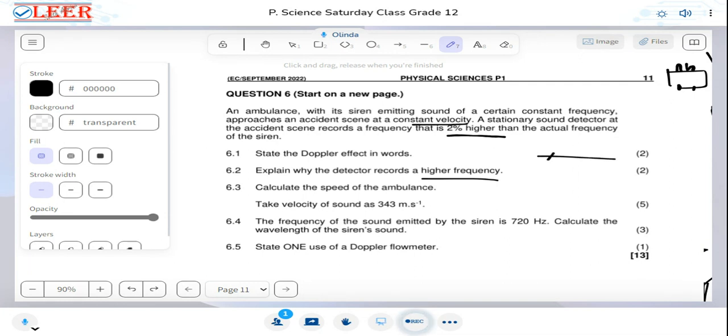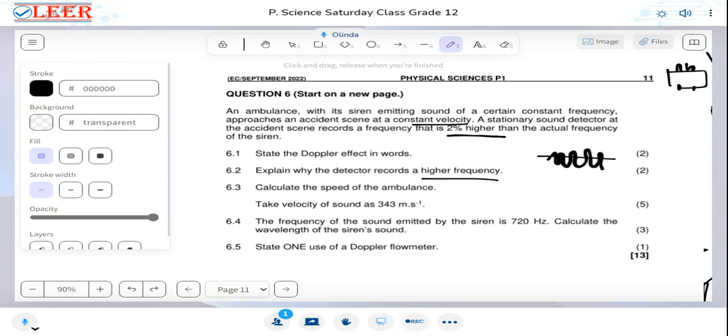The wavelengths here are quite short. So that's the reason why the detector records a higher frequency.